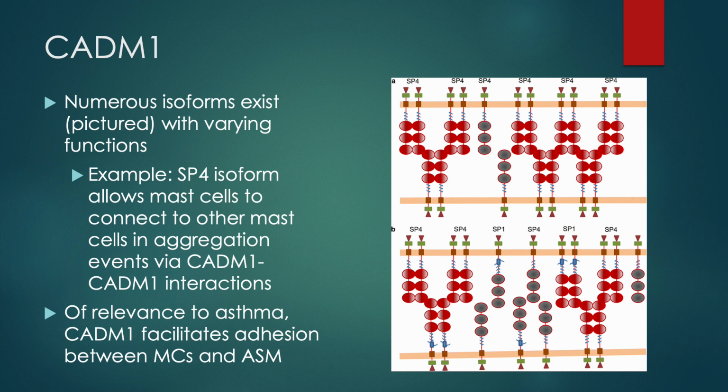This is relevant to asthma as well, because this adhesion molecule is what allows mast cells to adhere to and infiltrate the airway smooth muscle, and we know that mast cells infiltrating the airway is something that's going to lead to airway responsiveness, for example.